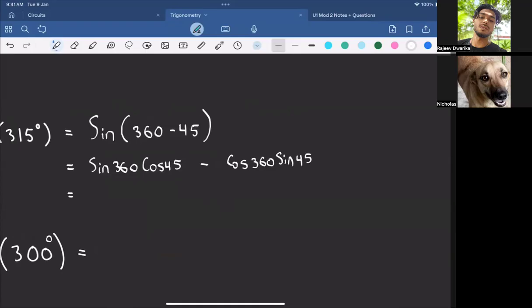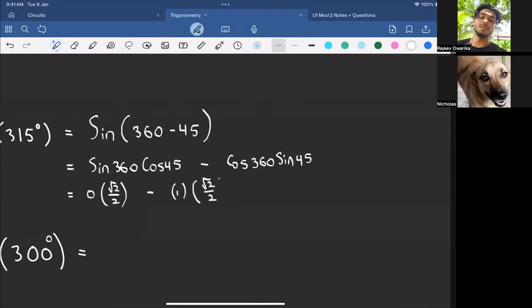Sine 360 is 0. Cos 45, we know that is root 2 over 2, right? And we know cos 360 is 1. And sine 45 is root 2 on 2.